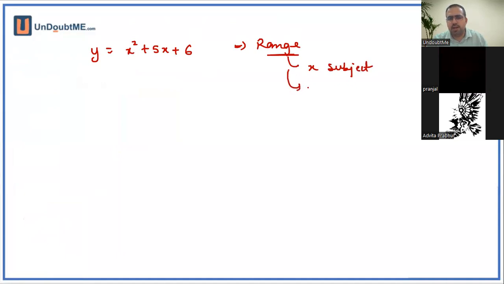Then after that, we will get x in terms of y, and then we'll follow the same process as domain.